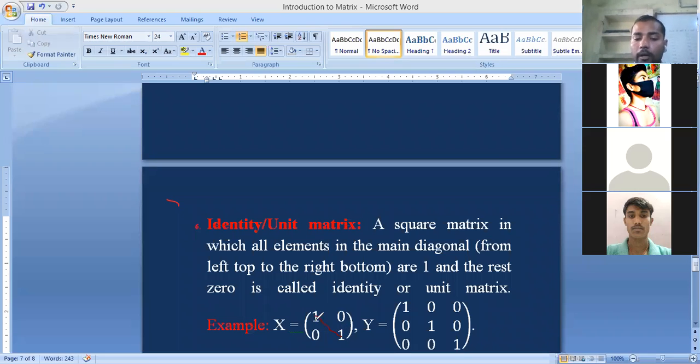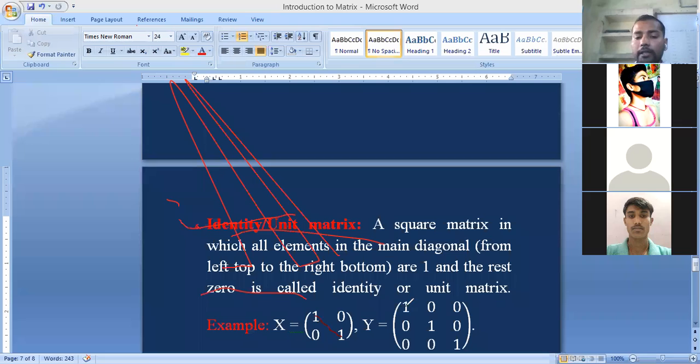That's why they are representing themselves as a diagonal, and that's why we accept that the given matrix is a unit matrix.